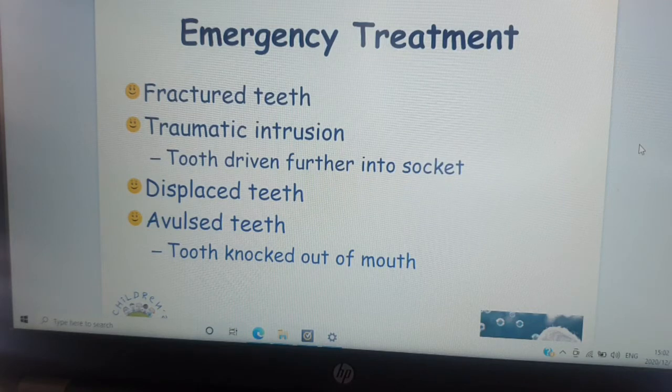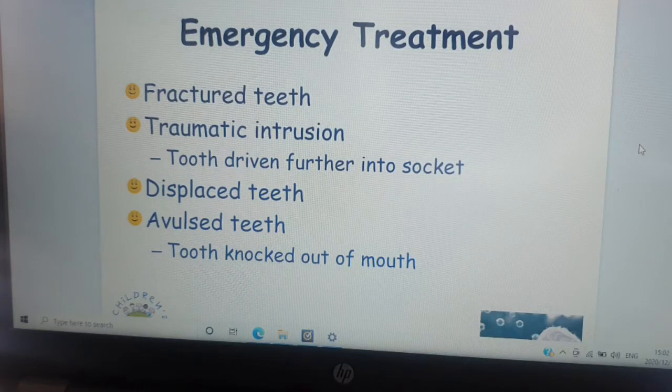Ankylosis, like I mentioned before, is the fusion of bone and the cementum of the tooth. In such instances with primary teeth, we will not be replacing them. However, permanent teeth that have been avulsed must be replaced as soon as humanly possible after injury. We instruct the parents to replant the tooth immediately.